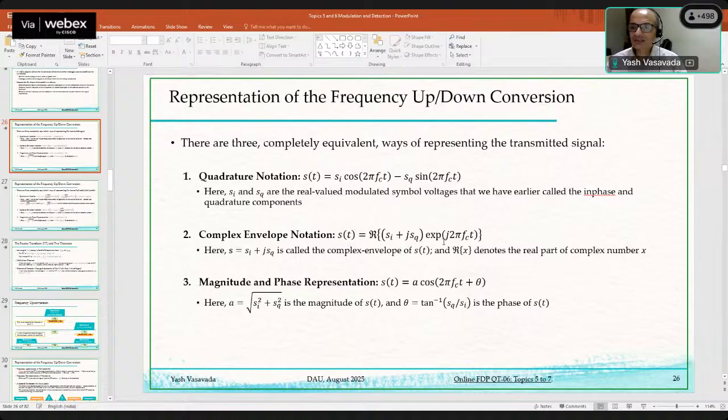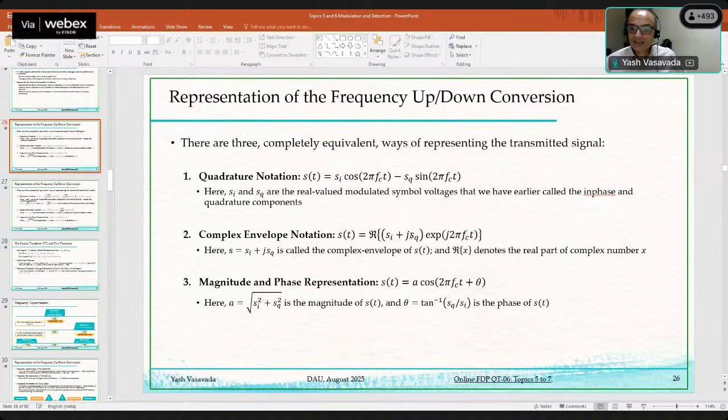When we do frequency down conversion, we effectively multiply by exponent of minus j2 pi fct. Plus j2 pi fct moves from 0 hertz to fc hertz. Multiplication with minus j2 pi fct brings it back to 0 hertz. So that effect kind of cancels out. So what we are going to look at is just the remaining part, Si plus j SQ, which is what the modulation block generates.